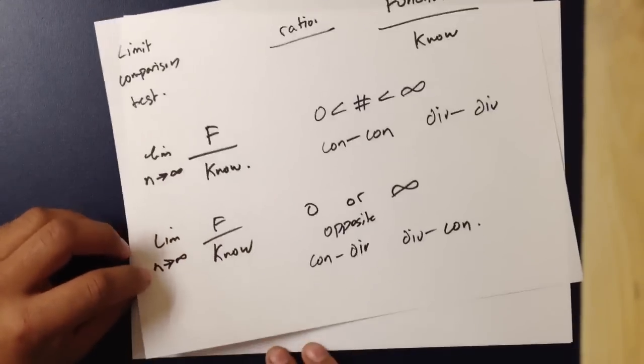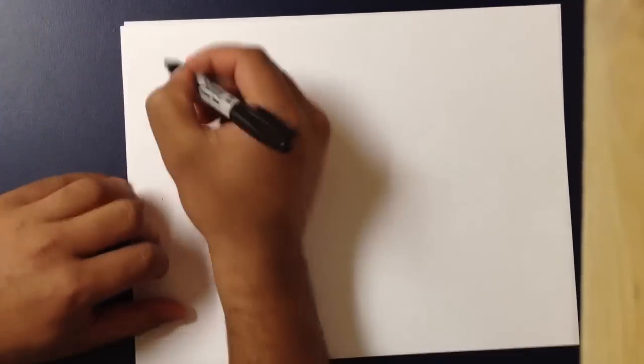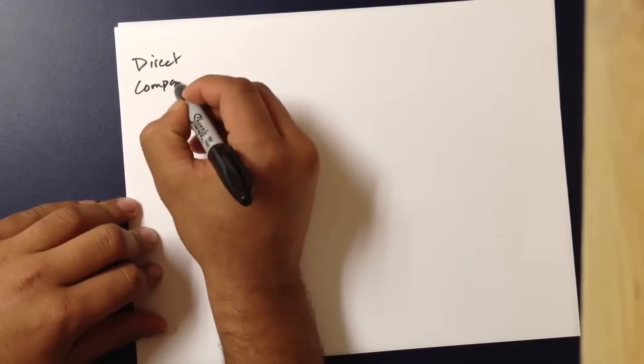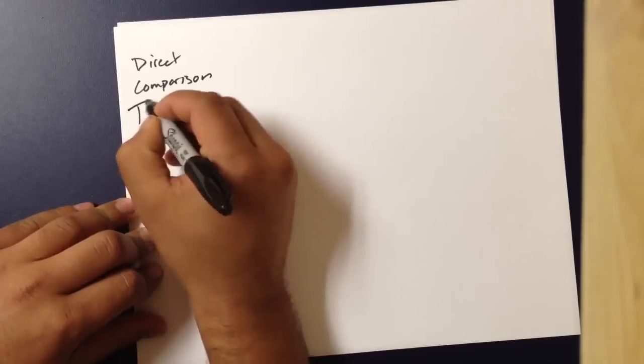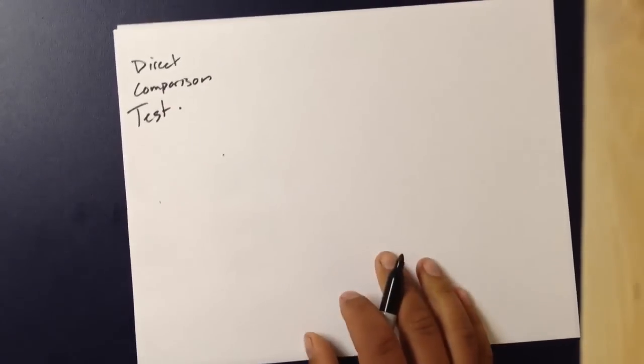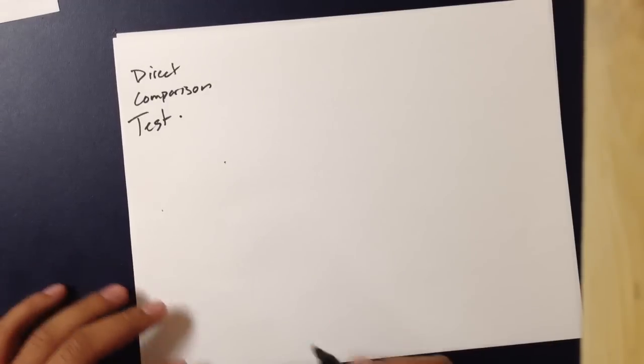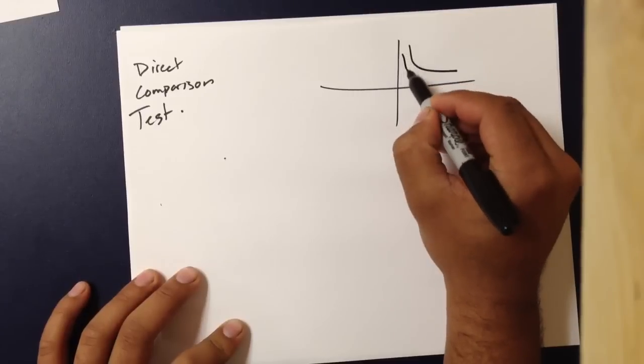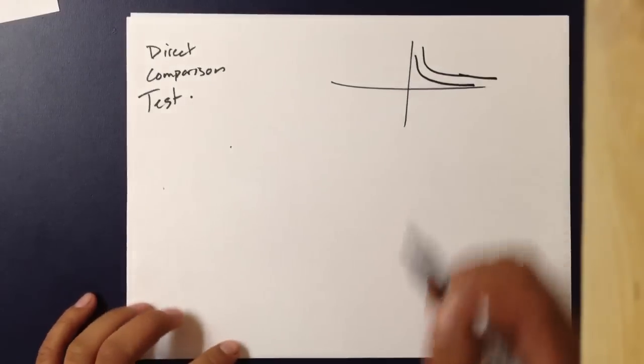The next one of these tests is the direct comparison test. Now, the idea behind this is if you are below a function that converges, then it must converge as well.